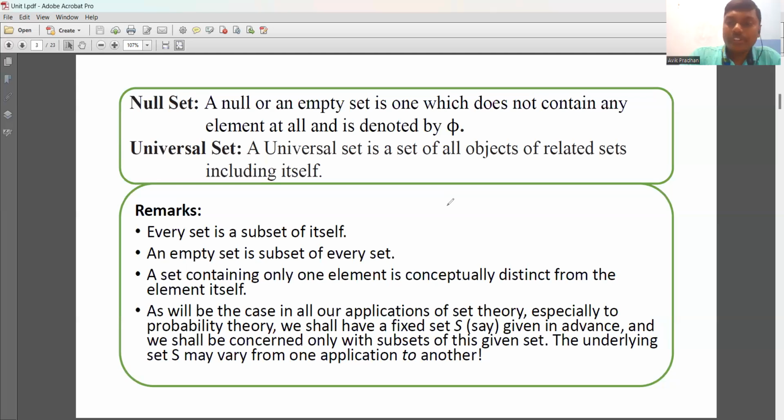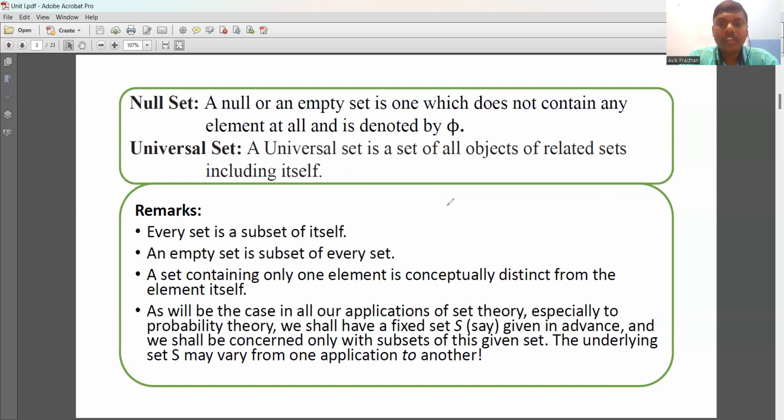Before going to these operations on sets, we need to know two more things here, which are usually used to define everything in set theory. One is the null set. What do we mean by the null set? Null set means the set which does not contain any element.